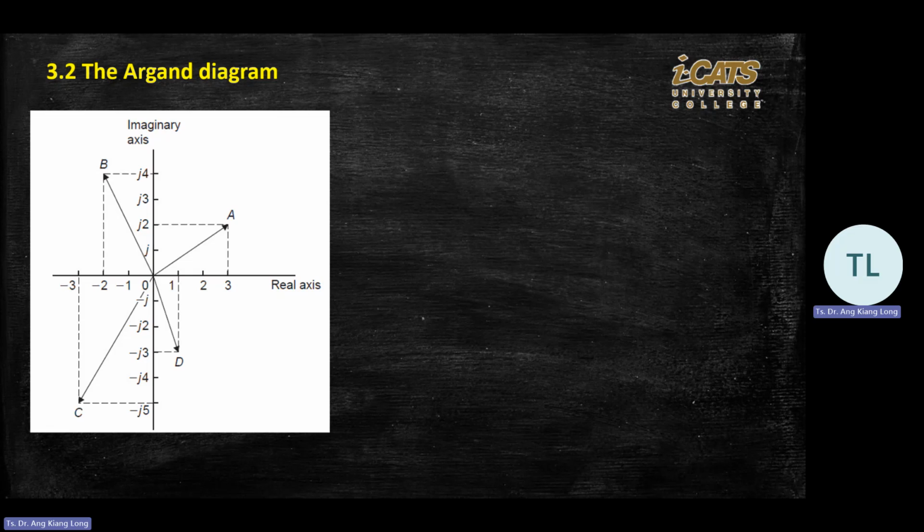Draw these two, and use your ruler to draw the axes. Remember to write the imaginary unit. In this case, we use j. If you use i also, okay, no problem, but in engineering the y-axis is always j.